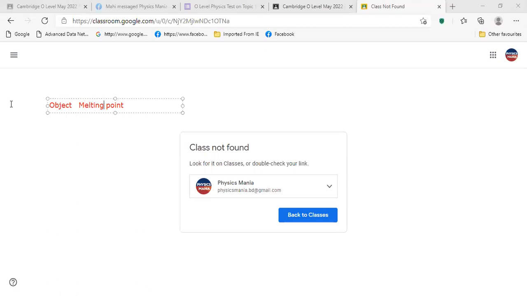So you make a table like this. Object is ice, you write here ice. Then you write here wax. Then you write here iron. These three only you write. No, we don't need so many things.